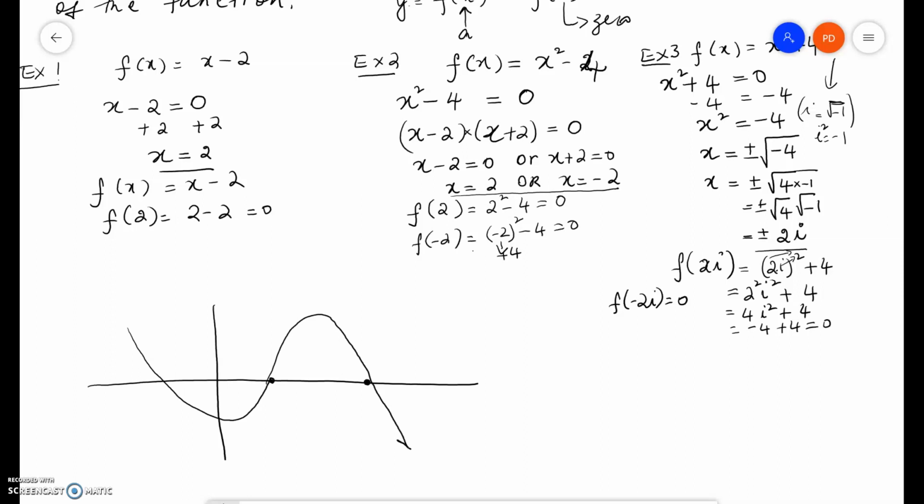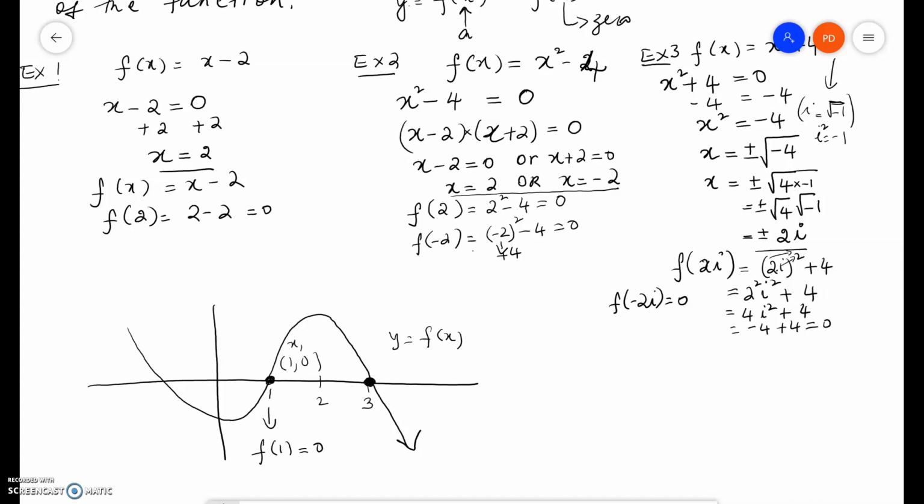So if you look at this function here, notice that, let's call this 1, 2, 3. So if this is a function y equals f of x, then f of 1 equals 0, right? So this point is (1, 0).